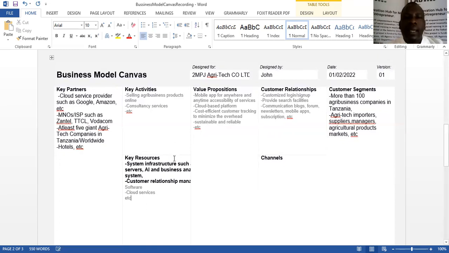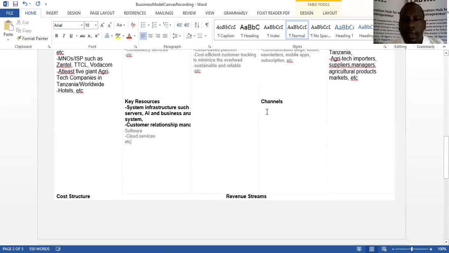And the communication channel, or distribution channels, of which the first one could be the online transaction.